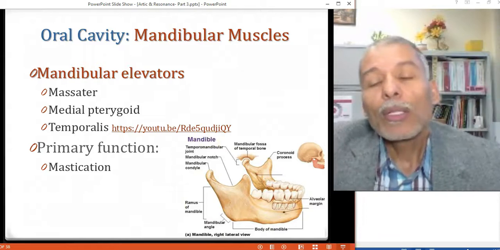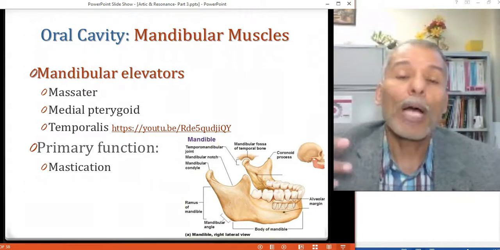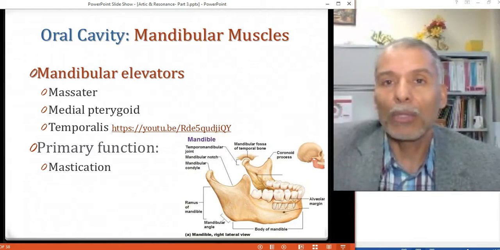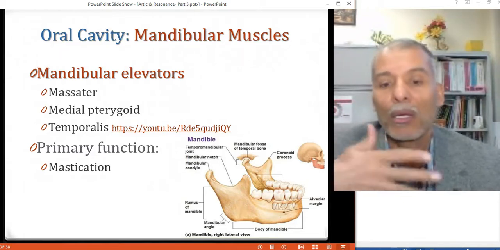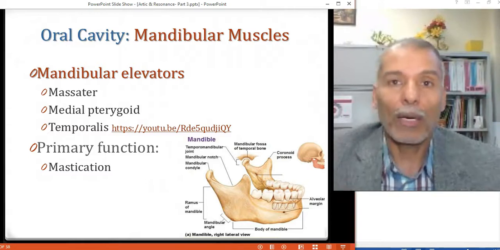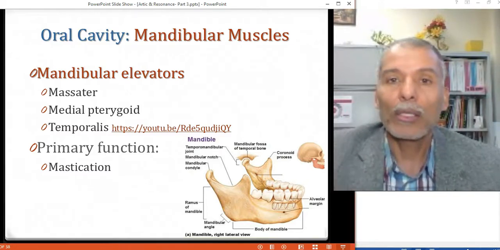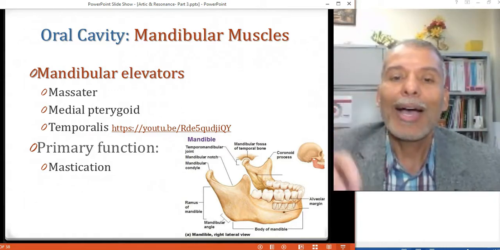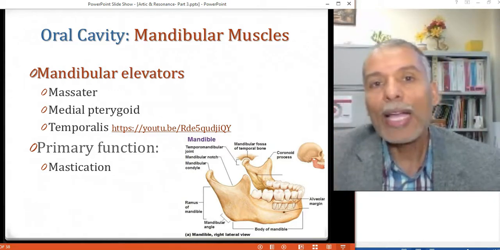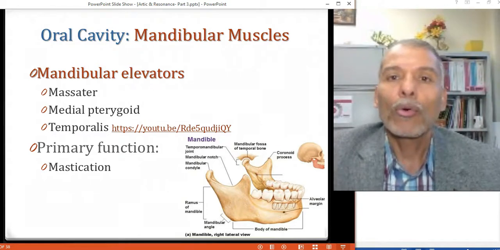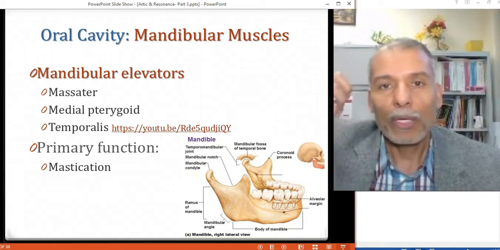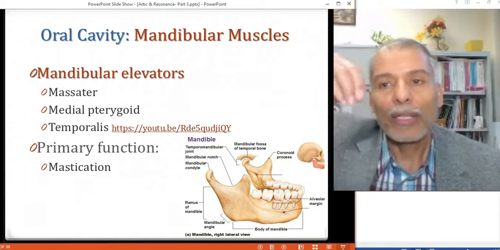So now we know bones cannot do anything. Bones are just like a stone. You put a stone somewhere, it's not going to move. It's not going to do anything. Cartilage, you have to have muscles, and muscles also can't do anything at all on their own. You have to bring in electrical signals from the nervous system to activate the muscles.